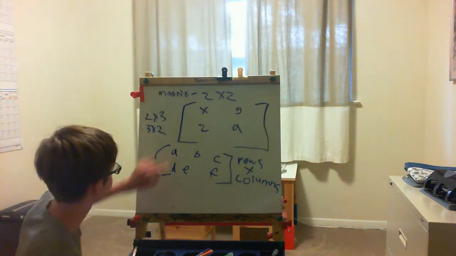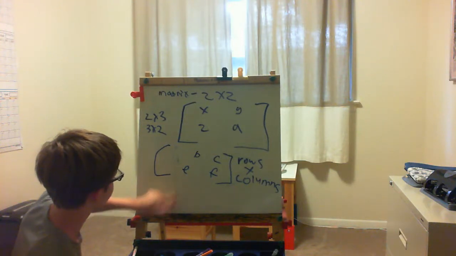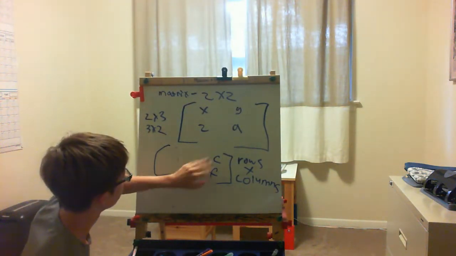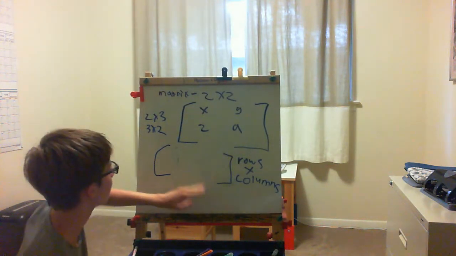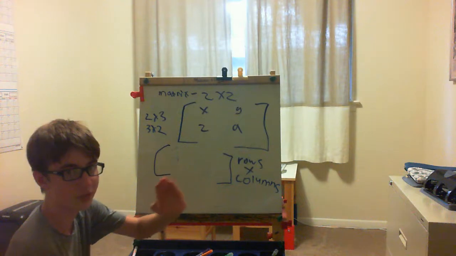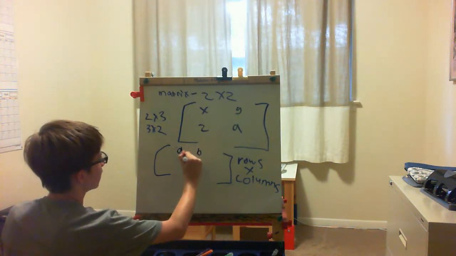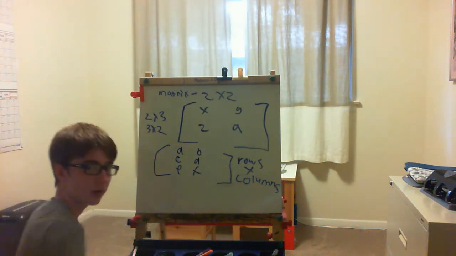But a 3 by 2 would be different because there would only be 2 columns but 3 rows. So that'd be like A, B, C, D, E, F, okay?